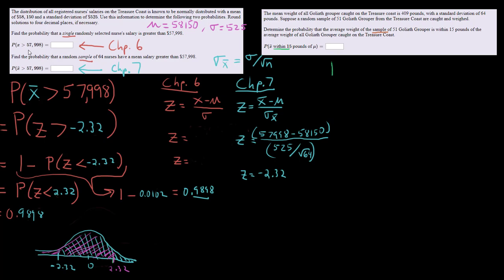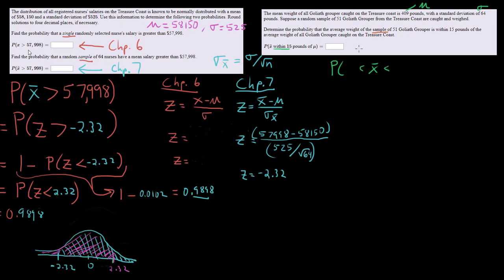So we want the probability that x bar, the sample average, is between, well, what's the average here? The average is 409 pounds. So there is mu. By the way, there's sigma right there. Sigma is the population standard deviation. Mu is the population mean.